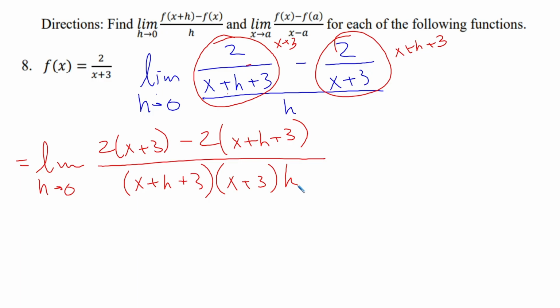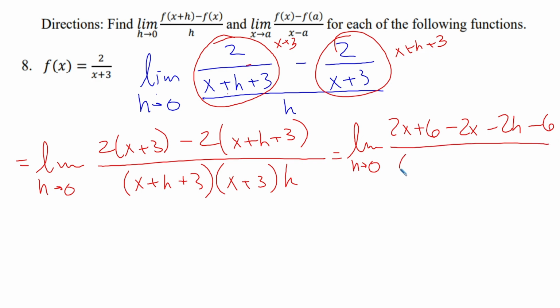Well, let's just simplify out in our numerator here and see what we get. We've got a limit as h approaches 0 of 2x plus 6 minus 2x minus 2h minus 6 all over all that same stuff, x plus h plus 3, x plus 3, and h.